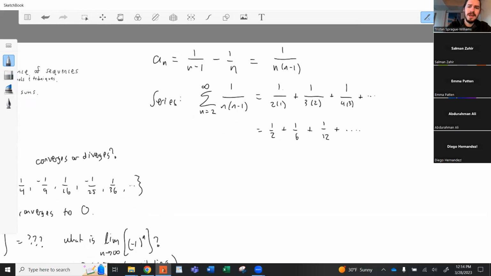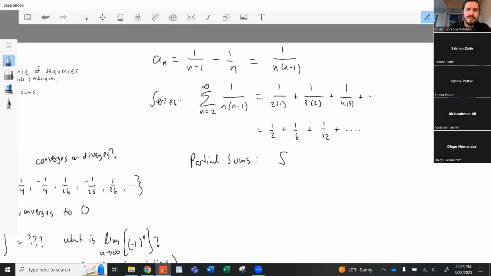I'm just plugging in the numbers, starting at 2, and then 3, and then 4, and so on, into the sequence definition, obtaining those terms, which are then going to be added together, right?